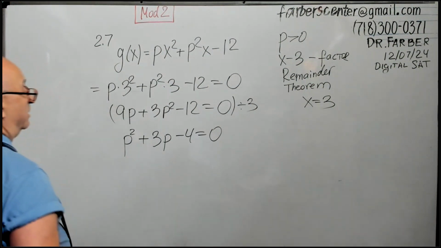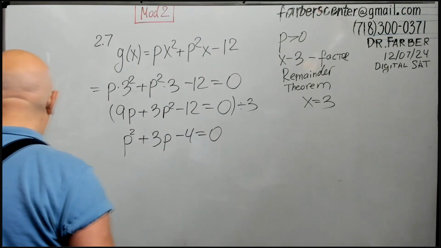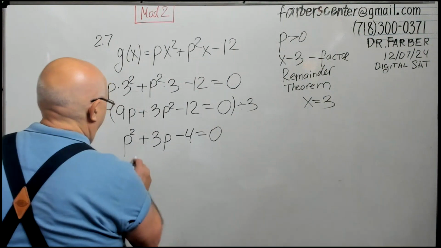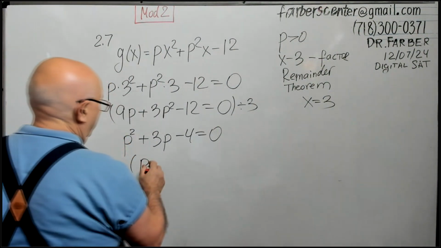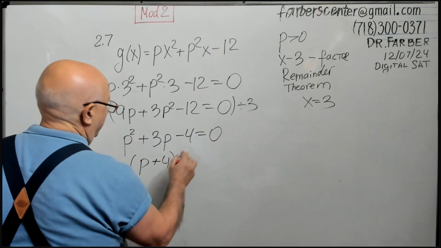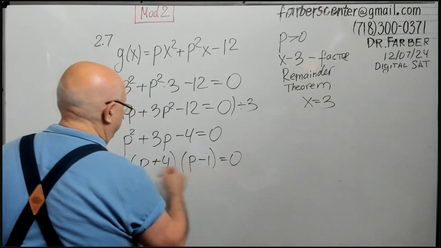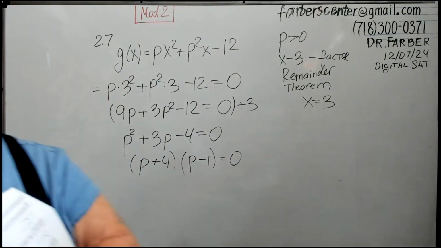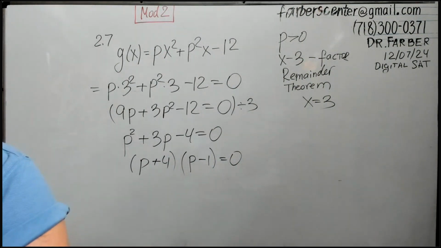When you factorize it, it would be p plus 4 times p minus 1 equals 0. From here, you can find p. Understand this 100%? Just remember the theorem. Let's go forward.